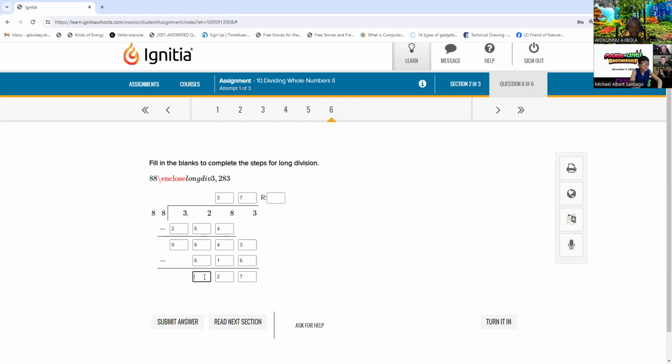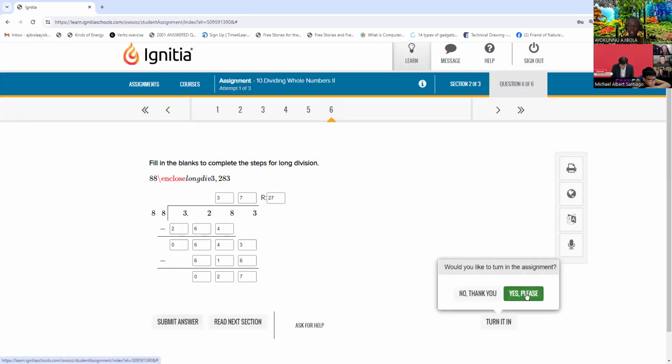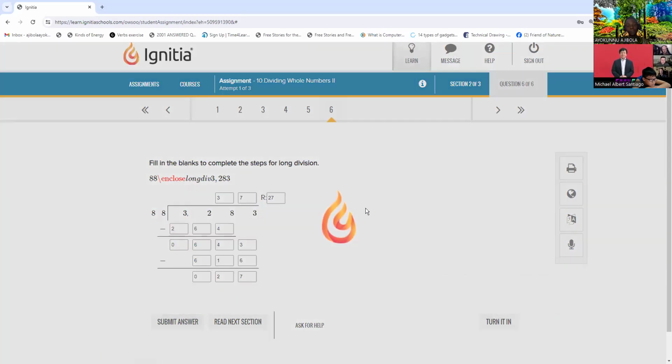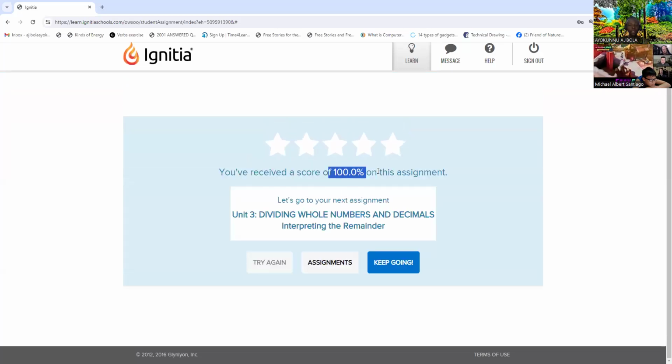And 6 minus 6? 0. So what's our remainder, Miggy? 27. 27. So hopefully we're correct. Then we can submit our answer, okay? Then what's your grade for this? For a perfect score. Yeah, perfect score.